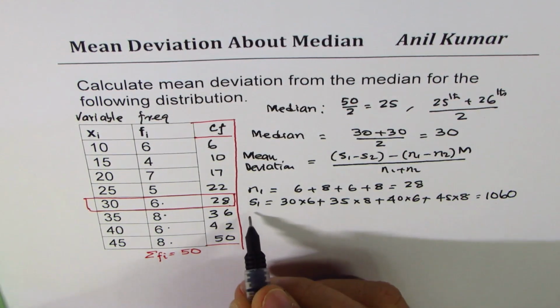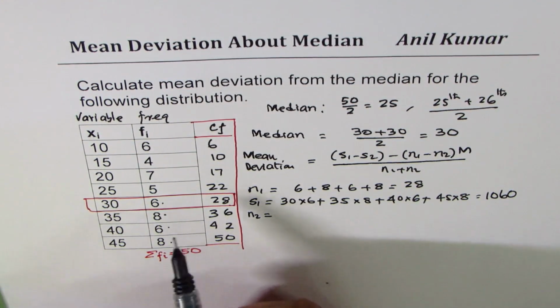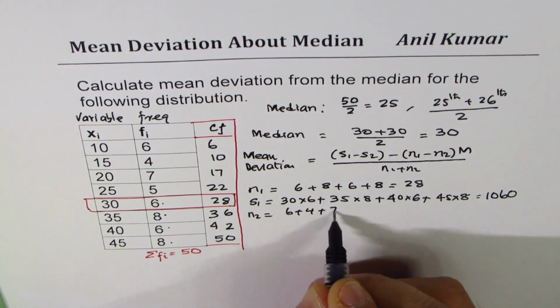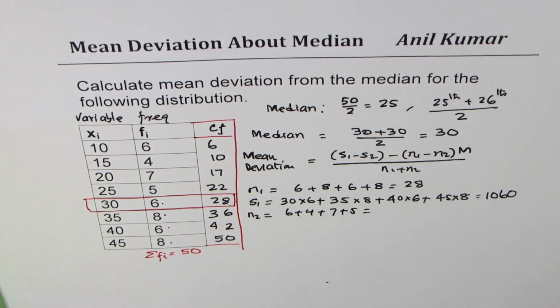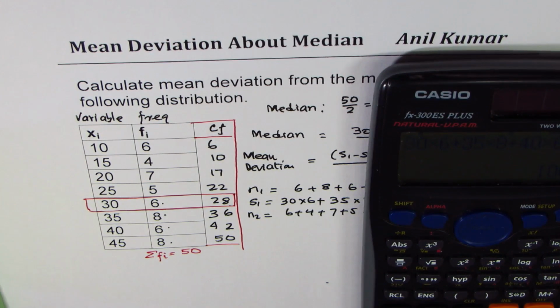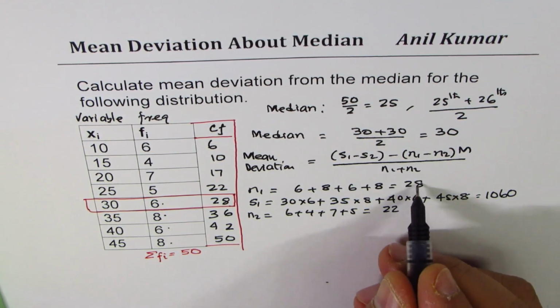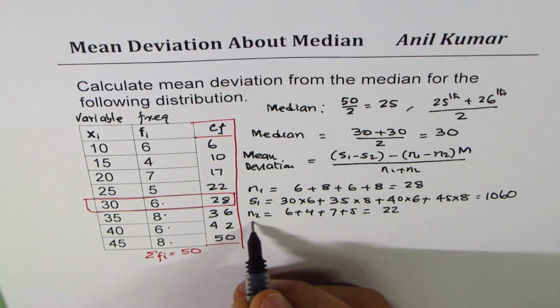Now let's calculate what is N2. So N2 is 6 plus 4 plus 7 plus 5. So that is 6 plus 4 plus 7 plus 5 equals 22. So their sum is 50, so that is correct.